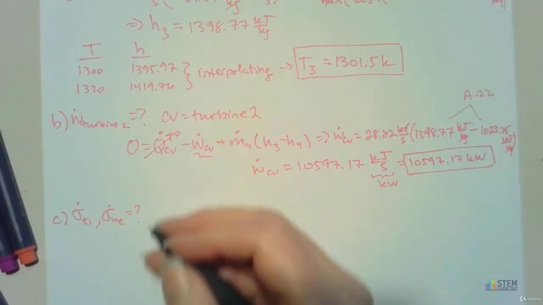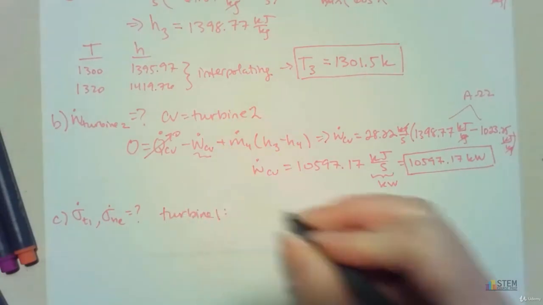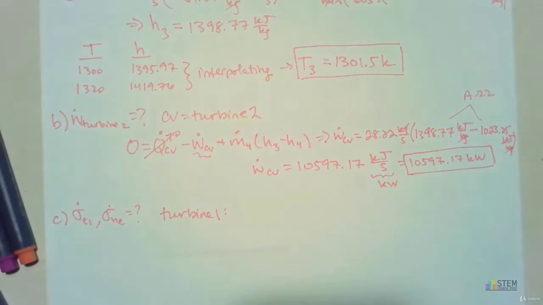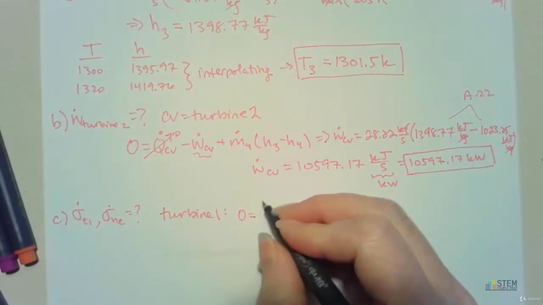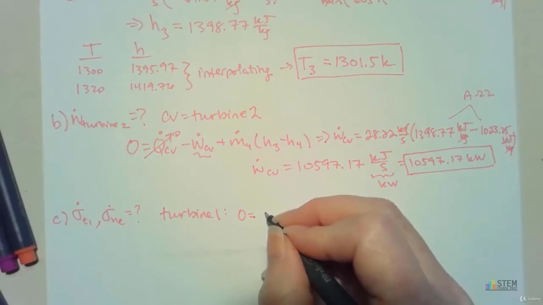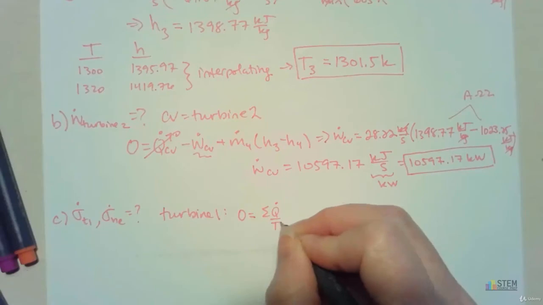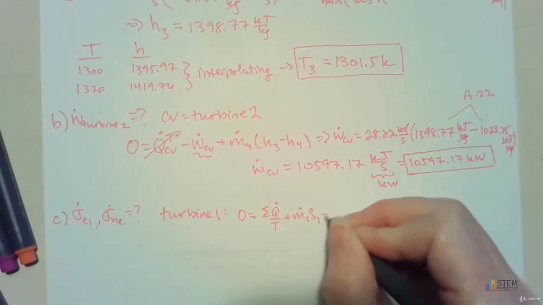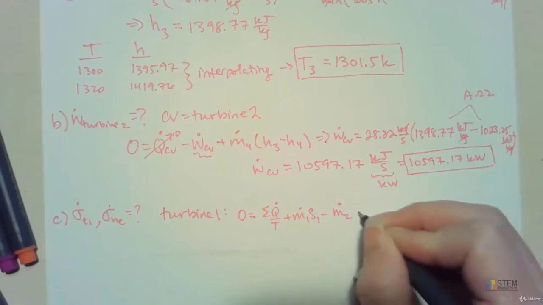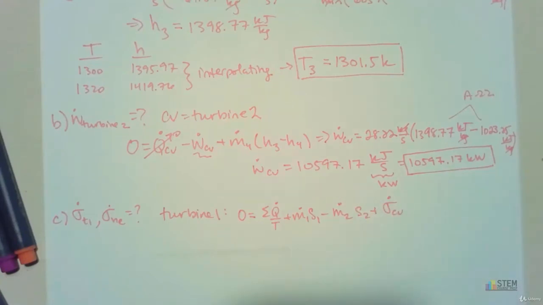Now let's look at turbine 1 first. And we need an equation that has sigma dot in it. So our equation we're going to use is that new equation we just developed. That's the one with the sigma q dot over t plus m1 dot s1 minus m2 dot s2 plus sigma cv dot.